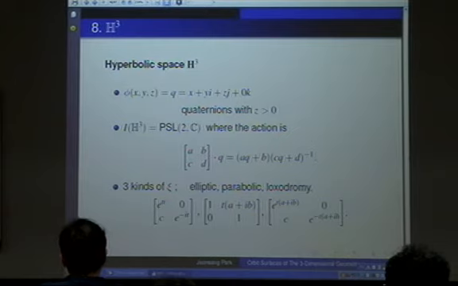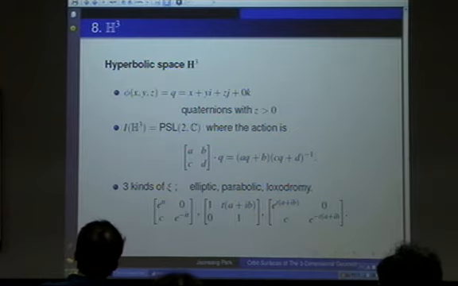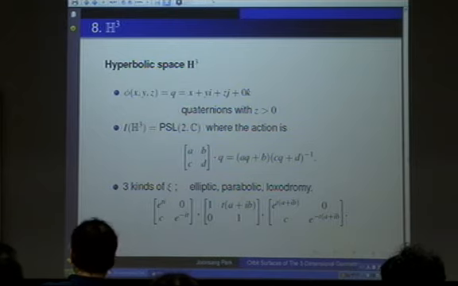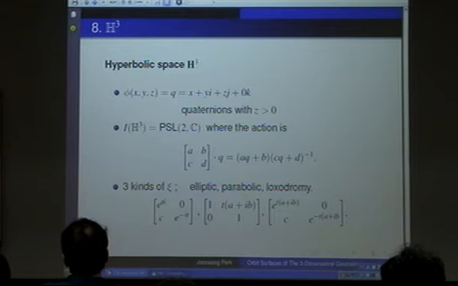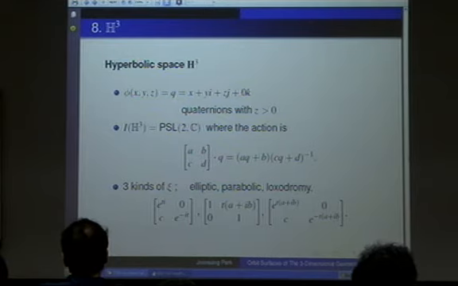Okay, for the hyperbolic space case, there are many ways to model the hyperbolic space, but I will use this kind of model. Use the quaternion. So the element of the hyperbolic space can be expressed as a quaternion, where Q has no k part, and the j part has a positive number.